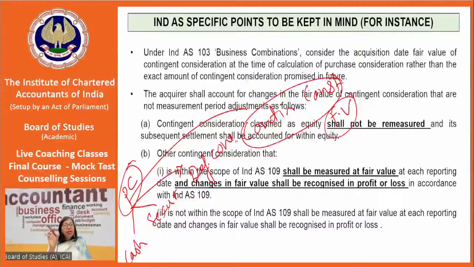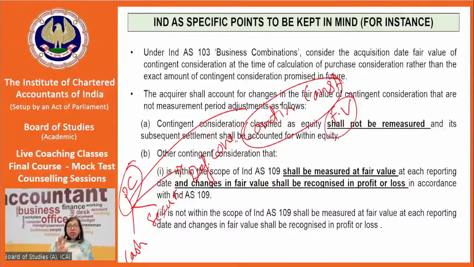Only in the case of the measurement period, you discovered some elements which were to be taken into account at the acquisition date, but were missed out. So the standard gives you the leverage of 1 year as a measurement period. In 1 year, you can determine those elements which you missed out in the calculation of purchase consideration at the acquisition date.